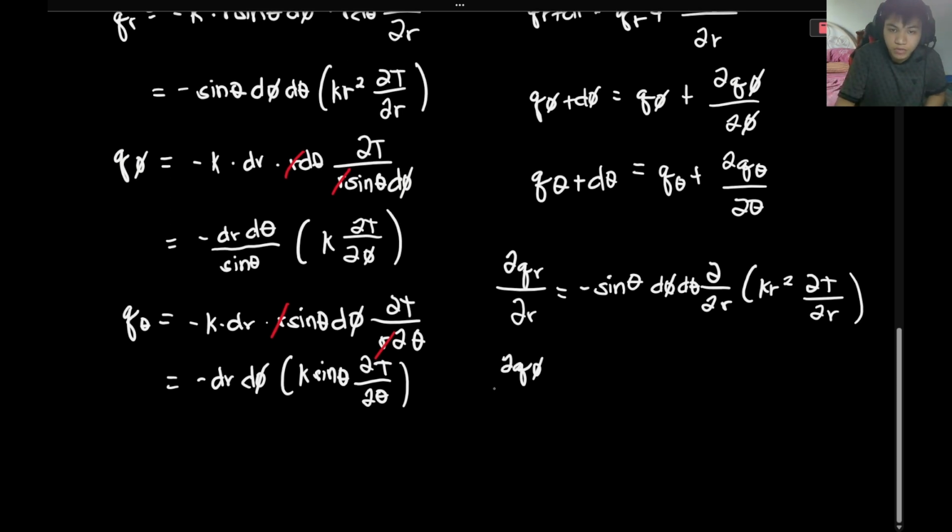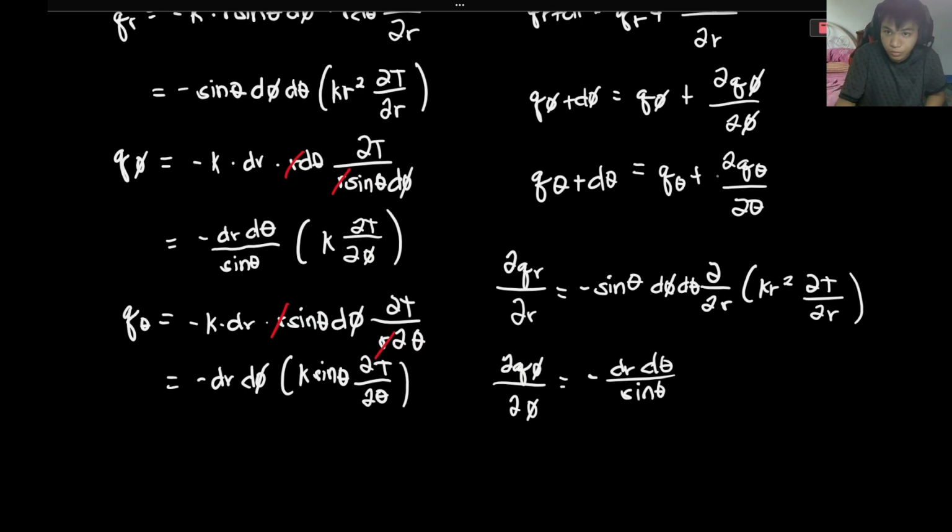So, the partial derivative of Q phi with respect to phi would be equal to negative dr d theta over sine theta, and then the partial derivative, and then what is inside.